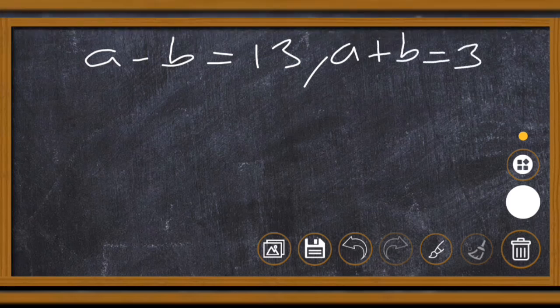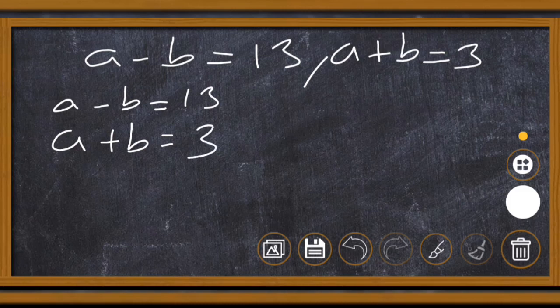And then also remember, at first we also had a plus b, which of course equals 3. So let's solve this simultaneous equation. We have a minus b equals 13. We also have a plus b equals 3. You can use either the substitution method or the elimination method.